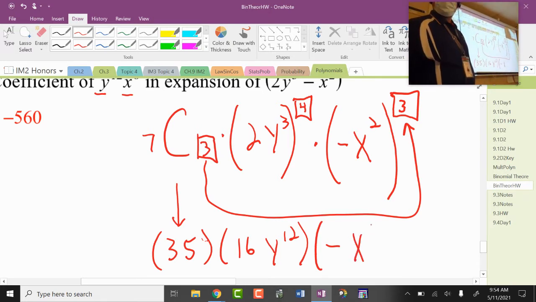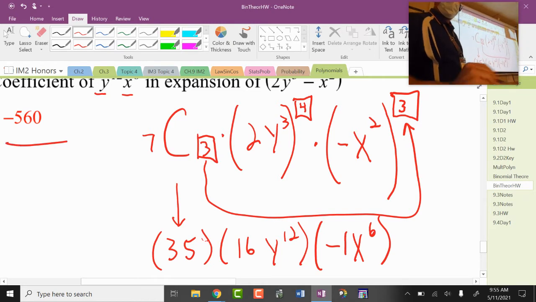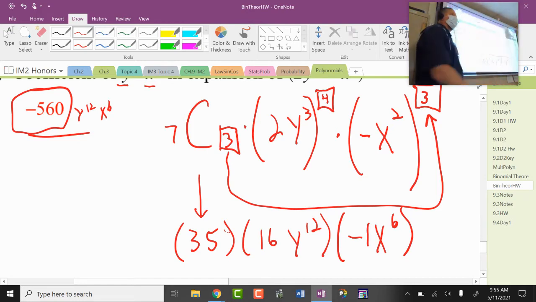Now, another thing that students do wrong on this is they think this is some sort of subtraction statement, possibly. No, you take all of these numbers and multiply them together and get negative 560. And then it would be y to the 12th, x to the 6th, but they're just asking for the coefficient, which is just the number in front of that. So that is why you write what you write.